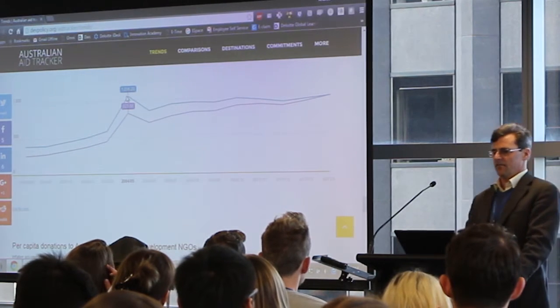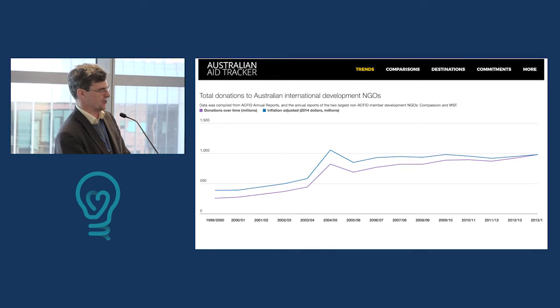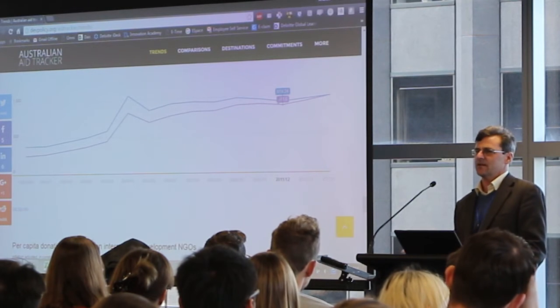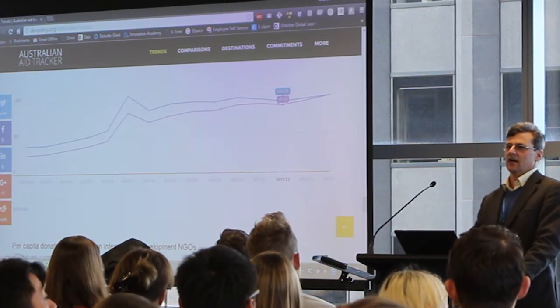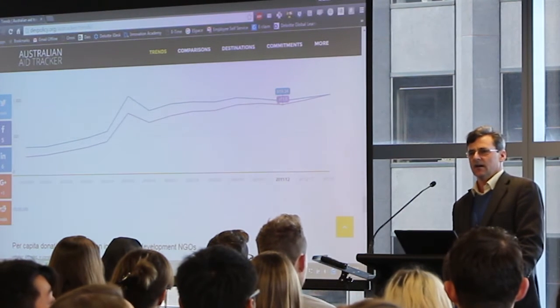There was something of a bounce back, a reduction the next year, but nothing like back to base levels. So it was mainly a permanent upward shift in giving. However, since then, while we haven't lost that gain, we haven't made a lot of gains either. Giving since then goes up and down, of course, depending on what disasters are happening, but more or less kept in line with inflation.